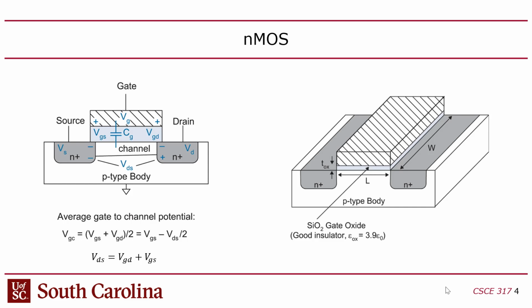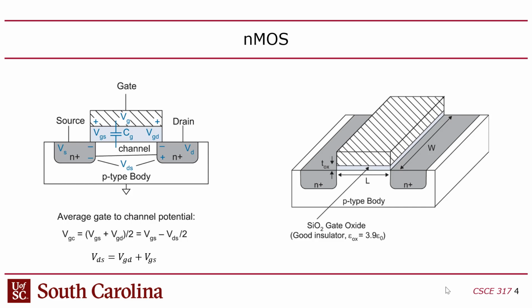So now you've got current flowing from drain to source in this case. By convention in the NMOS, the current flows from drain to source, although, as you can see, they're symmetric, so it doesn't really matter. But anyway, you're sending current from drain to source, and that current, as it flows through the channel, is creating a voltage difference between the gate and the channel that is a gradient between the voltage of the gate relative to the drain and the voltage of the gate relative to the source, right?